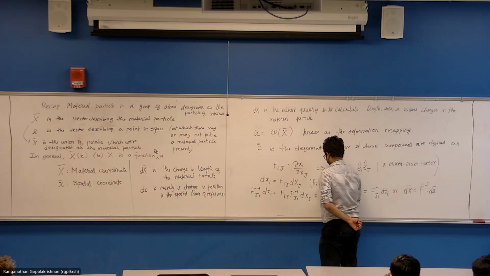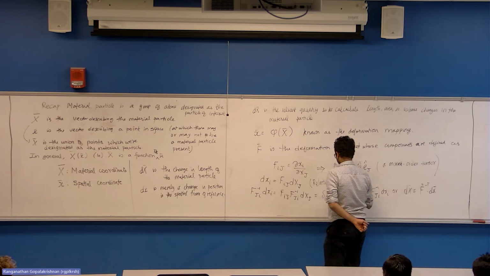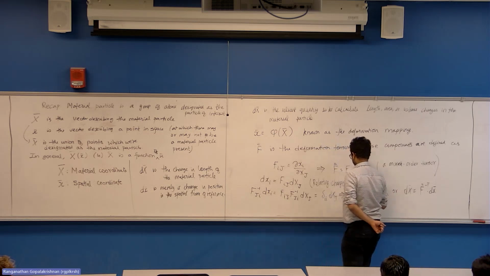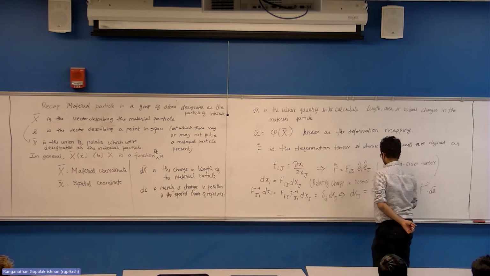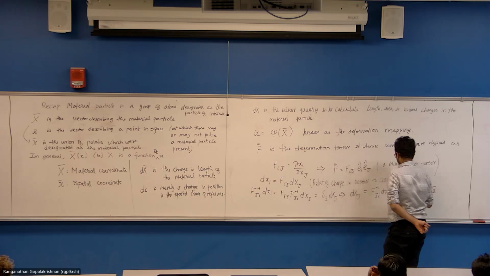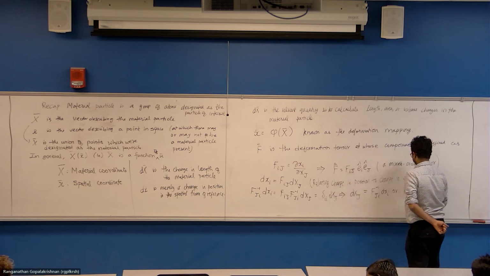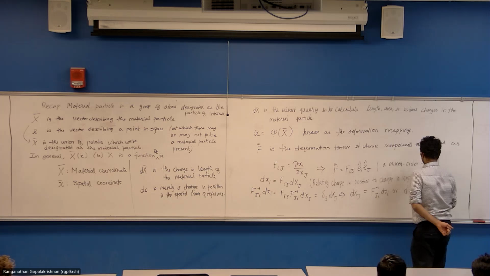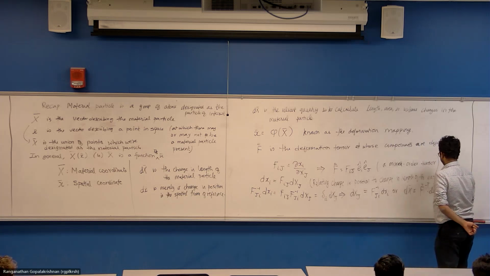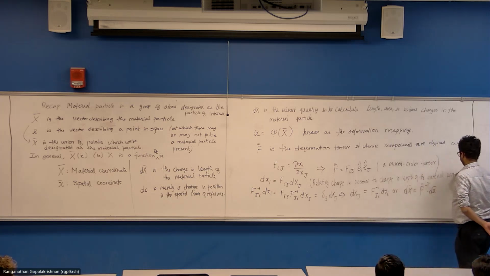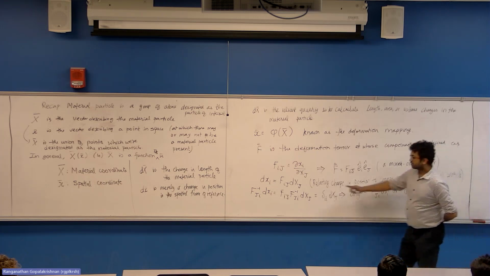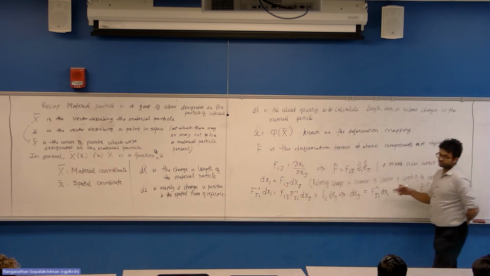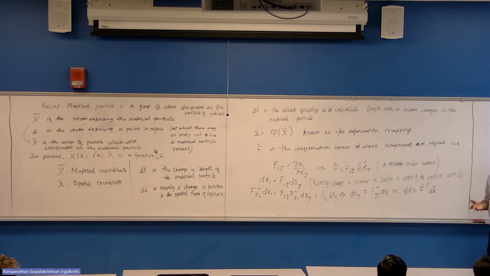Relating change in position to change in length of the material particle. Always remember this, the uppercase dx is the change in length of the material particle, whereas the lowercase dx is the change in position with respect to a certain coordinate system.